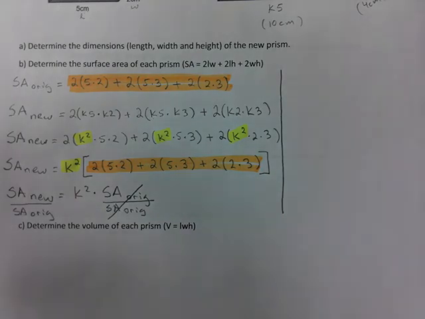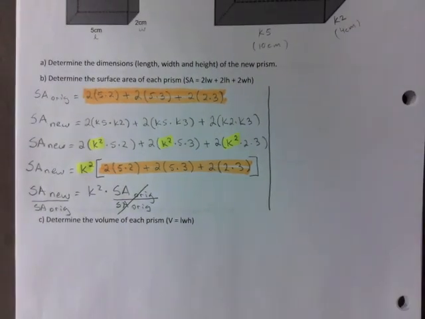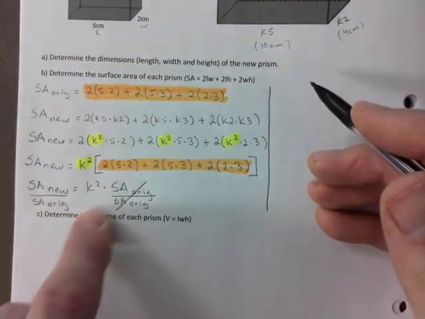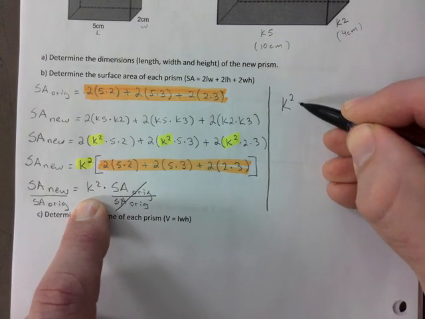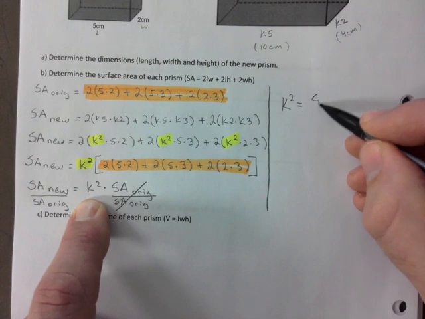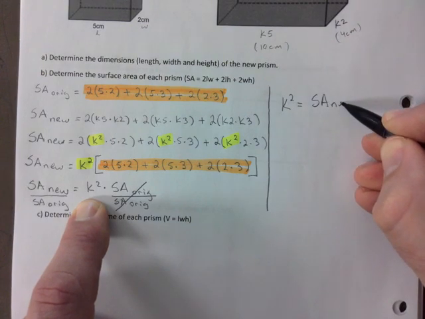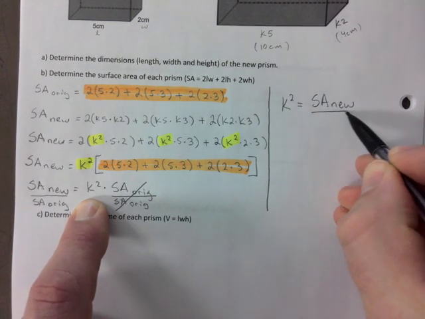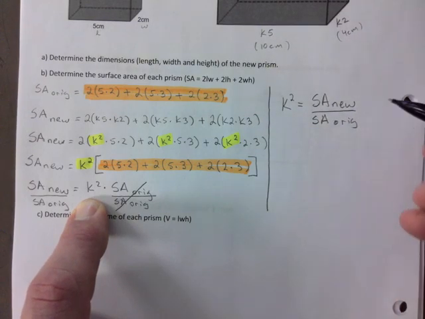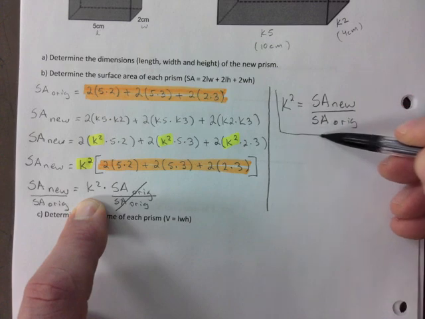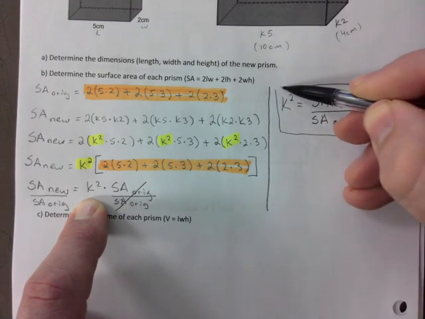I'm going to zoom out a little bit. There you go. So I'm going to rewrite this, but I like to have the K squared first. So to conclude, K squared is surface area of the new over surface area of the original. This I'm going to box in. This is the most important piece here.